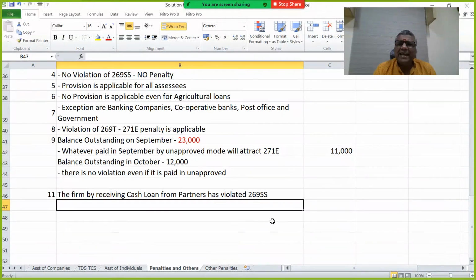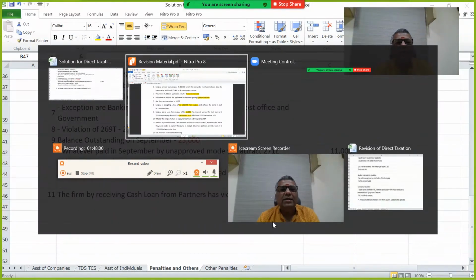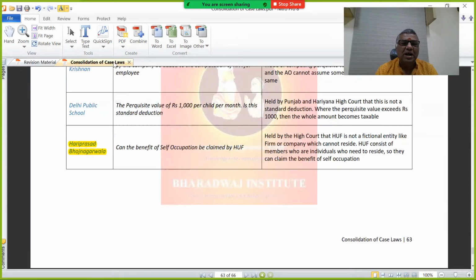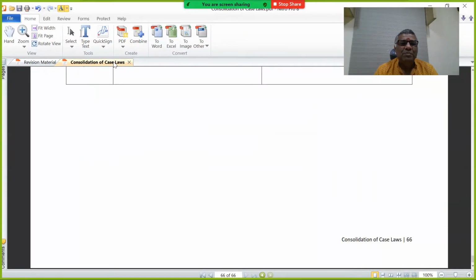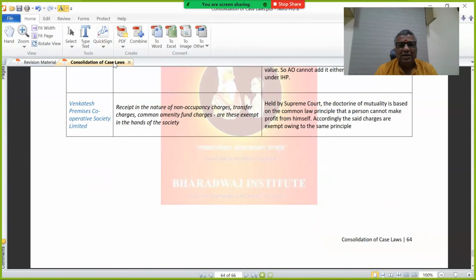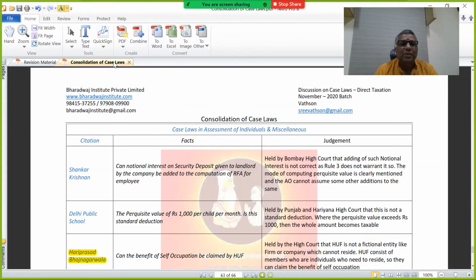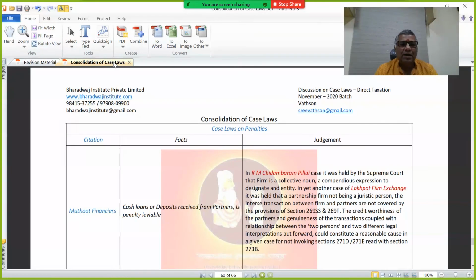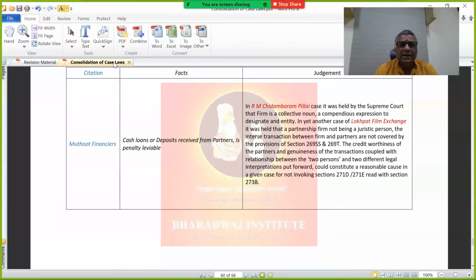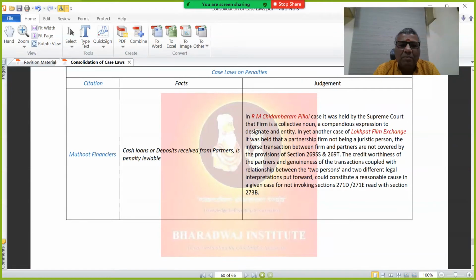There is one case law called Muthoot Financiers, where they have said the firm and the partners are the same, so a loan can be received by a partner. It looks a little contradictory, because now we are saying no, the firm cannot receive. But in Muthoot Financiers, can a loan or deposit received from partners be penalised?